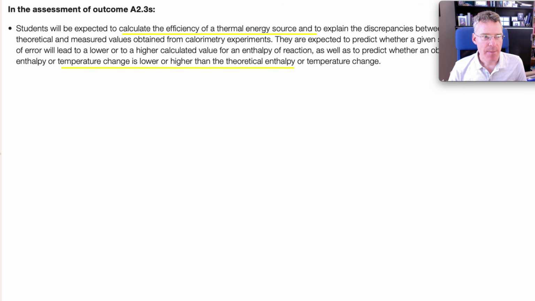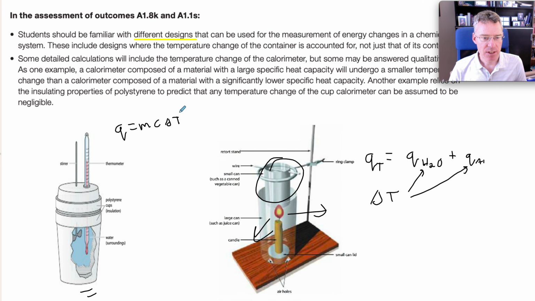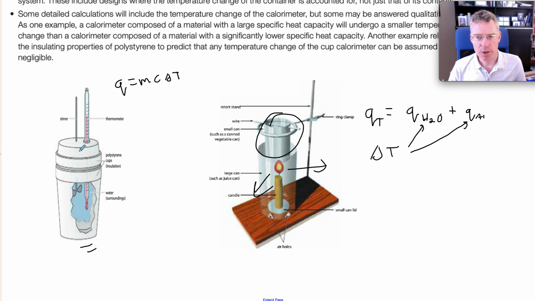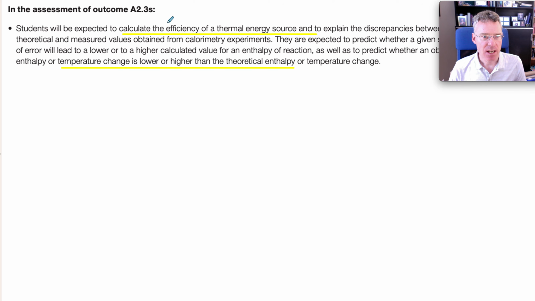I mentioned a little bit ago with the two designs of calorimeters, the styrofoam cup efficiency is pretty close to 100%. This setup can easily be 30% inefficient or 30% error. Lots of heat can go out the side depending on the heat shield you have and the setup and how well you have your heat source or your combustion reaction close to the can. So you should be able to calculate an efficiency. Make sure you have done that.